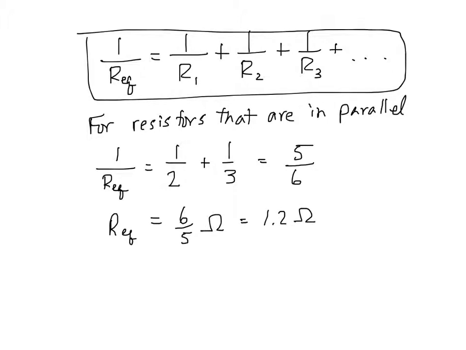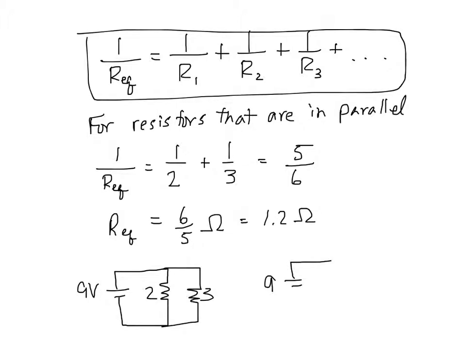What that means is those two resistors that we showed there are the same as a circuit that would look like this. Instead of having a 2 ohm resistor like that and a 3 ohm resistor like this, and 9 volts here, it's the same as a circuit that has a single resistor of 1.2 ohms. So the amount of current going through my circuit I can calculate very easily.